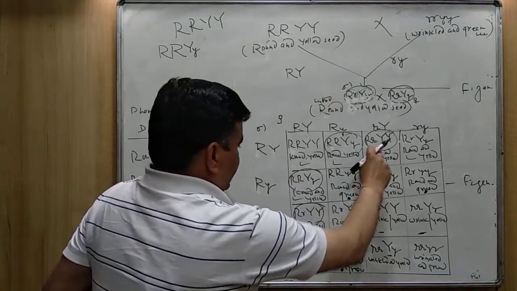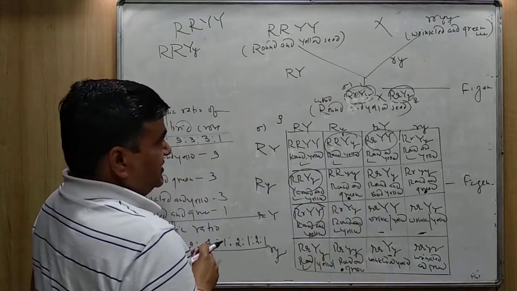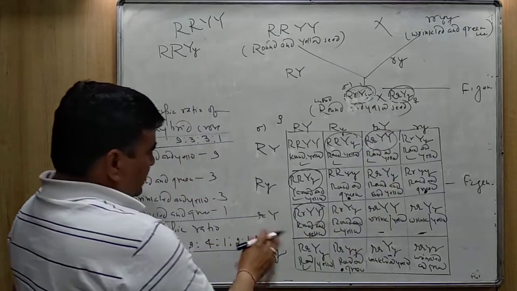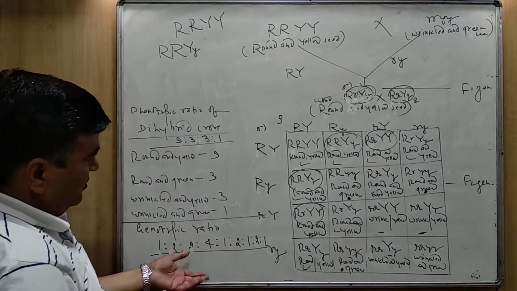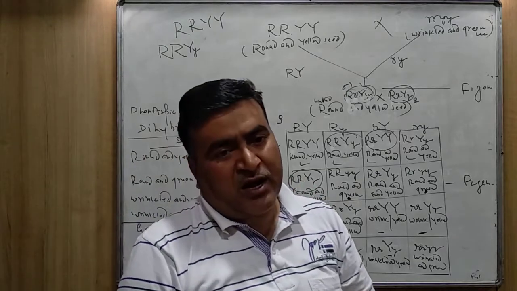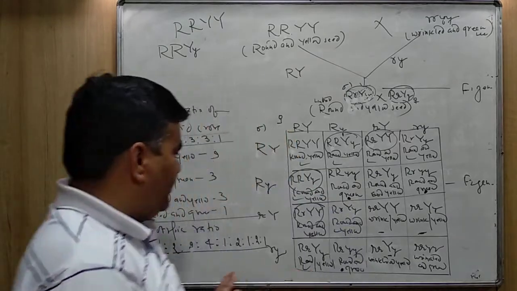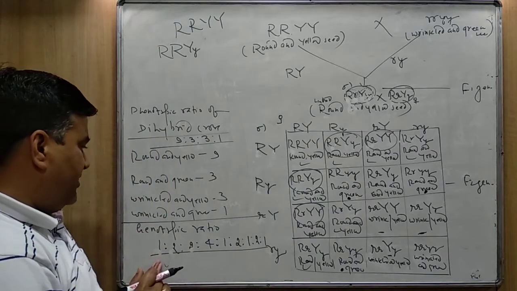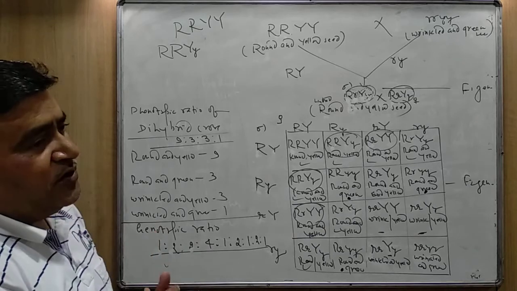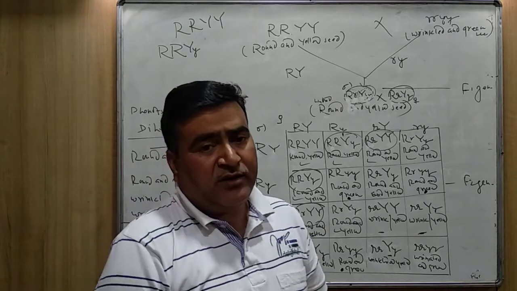Out of 16, the two plants were hybrid round and pure yellow. So you can trace out the different genotypes, whether pure or hybrid, and finally you can see the genotypic ratio of the dihybrid cross also.